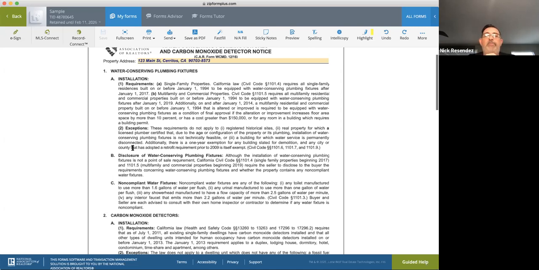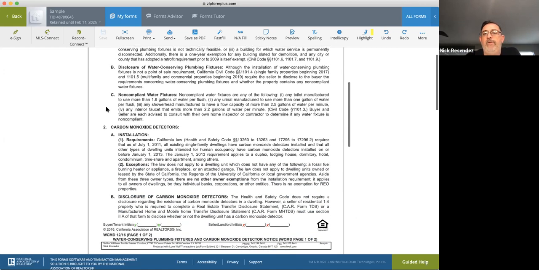So it says that we're supposed to have them retrofitted. What it actually says is that the property is supposed to have low flow fixtures. What it doesn't say, though, is that there's any requirement for the seller to conduct any of these changes. They just have to disclose to the buyer what the requirement is and whether they're aware of anything that is not compliant.